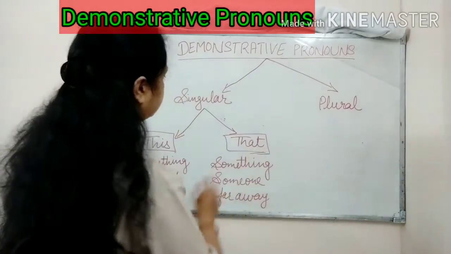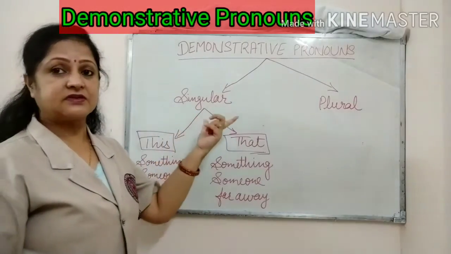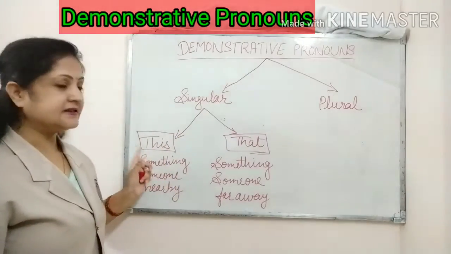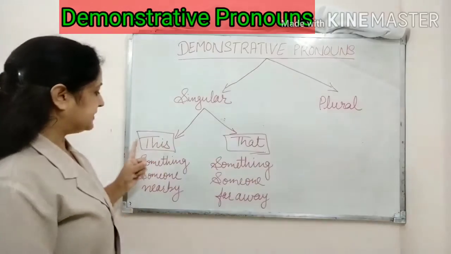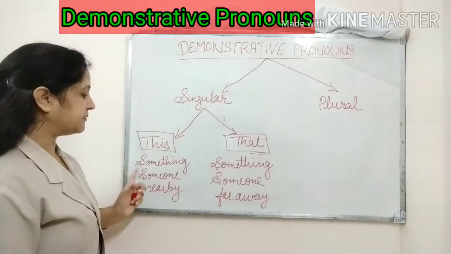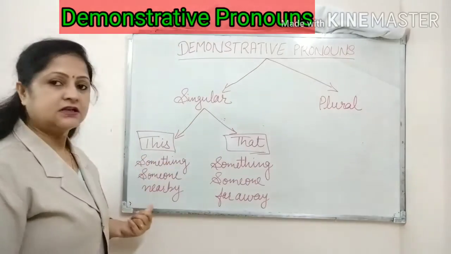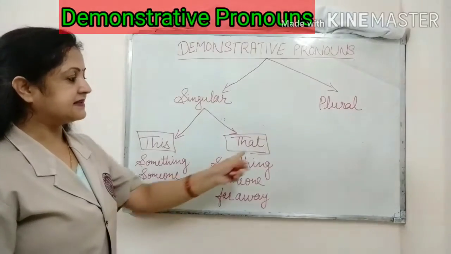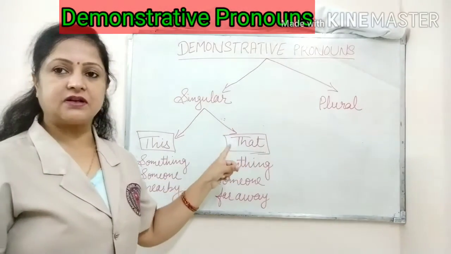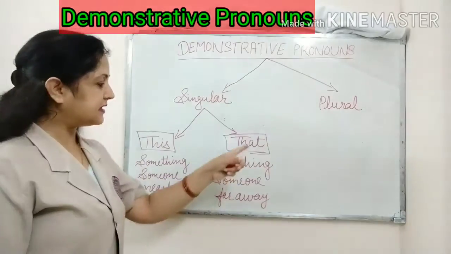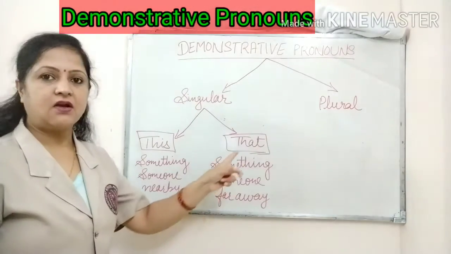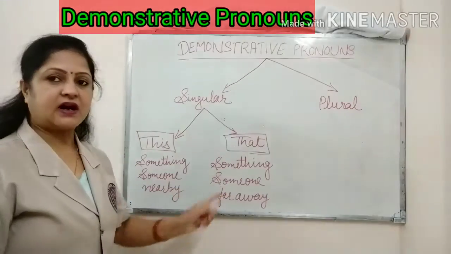So these are the two singular demonstrative pronouns, one is this and the other is that. This is used for something or someone nearby, whereas that is also a singular demonstrative pronoun and it is used for something or someone far away.